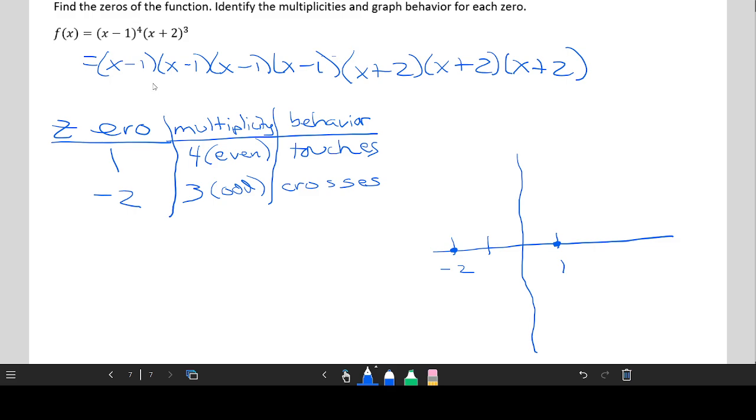You'd have an x to the first term and a constant term, but x squared would be your highest term. Then you'd take that x squared plus some stuff and multiply it by the next factor. Then you'd have x cubed plus some lower terms. And then take that, multiply it by the next one, you'd have x to the fourth, x to the fifth, x to the sixth, x to the seventh. So this polynomial has degree 7.